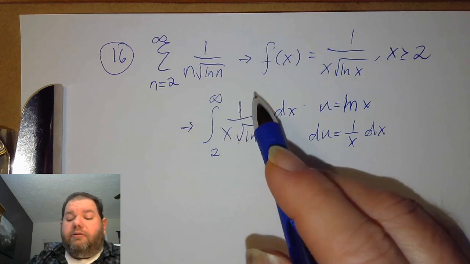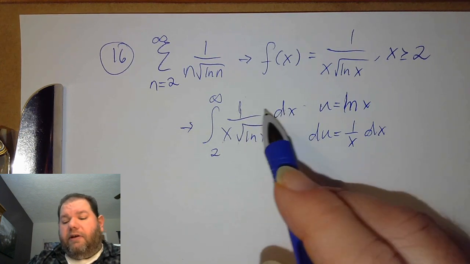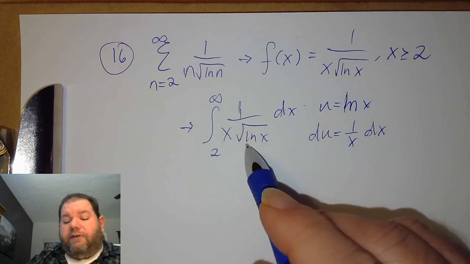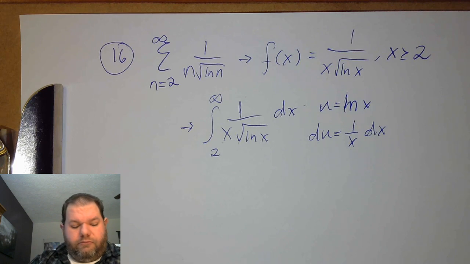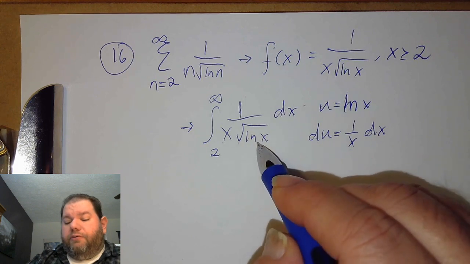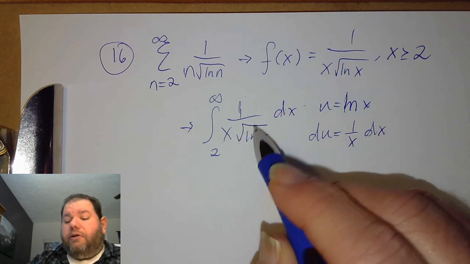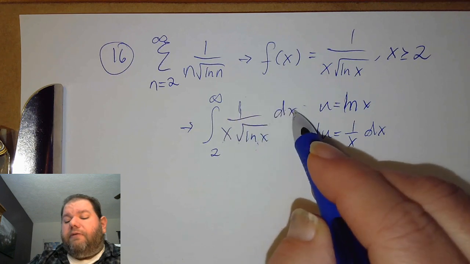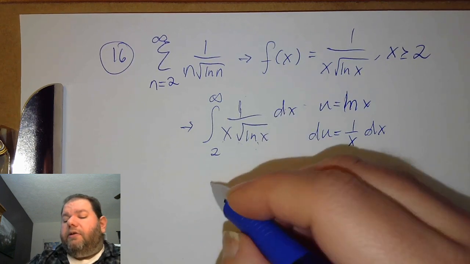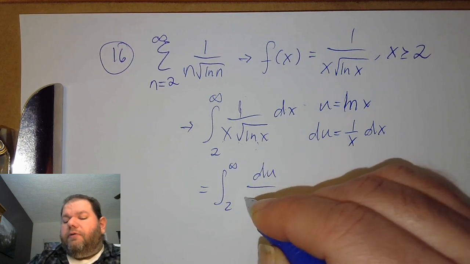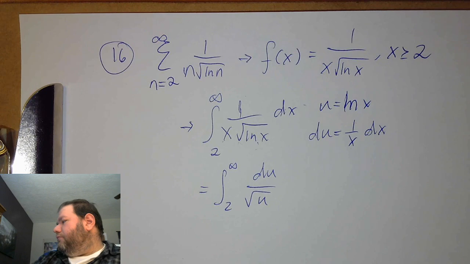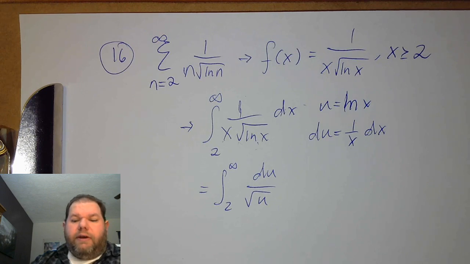And in fact we do. 1 over x times dx is basically the rest of the integral that's outside the square root. So this is our u, so we have square root of u on the denominator, and then our du is the rest of this, of 1 over x times dx. So we end up with du over square root u. So the substitution does work in this case.